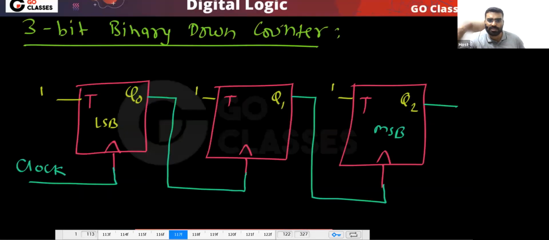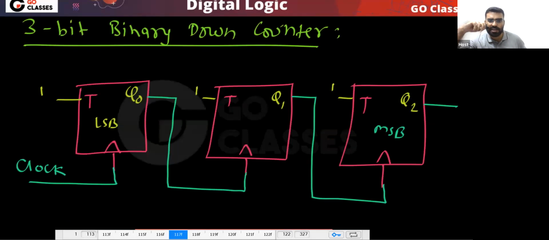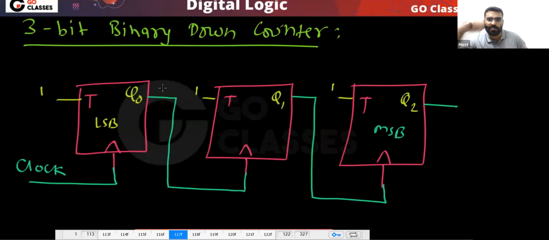Let's do the analysis of this binary down counter. So tell me what will happen here. In this binary down counter, let's assume the initial state is 000.